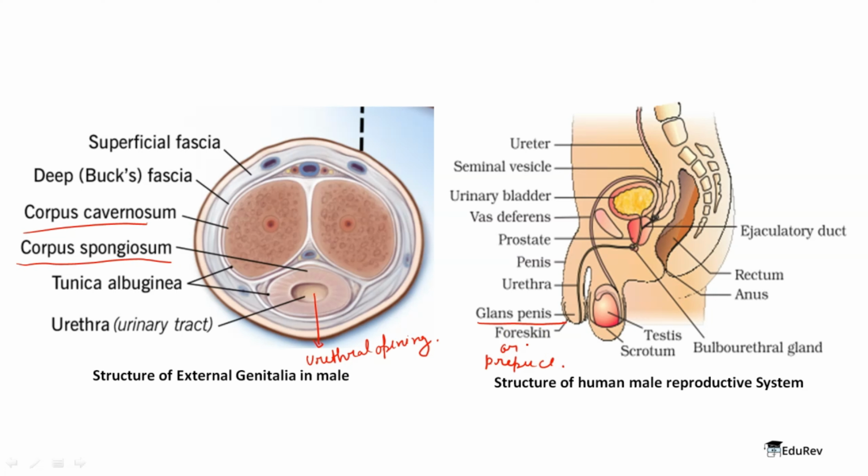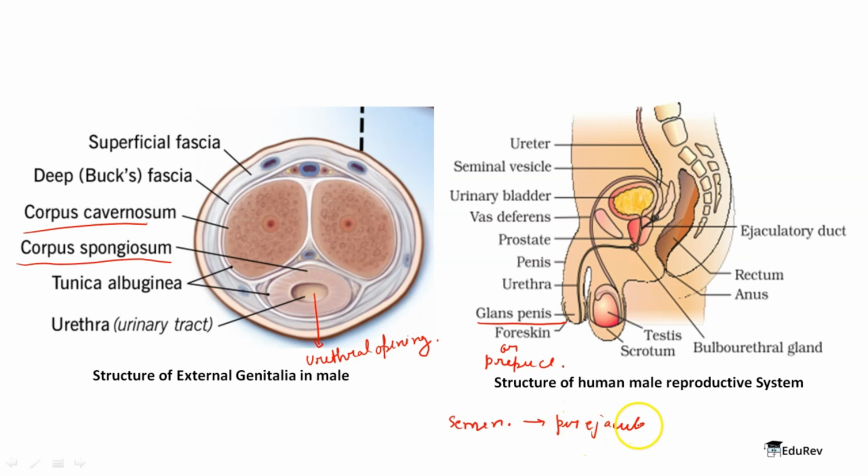Okay. Now the sperms in combination with the secretions of accessory glands are known as semen. The quantity of semen released per ejaculate is 2.5 to 3 ml.